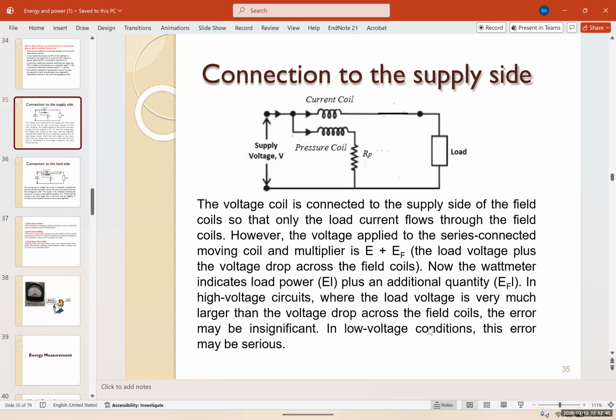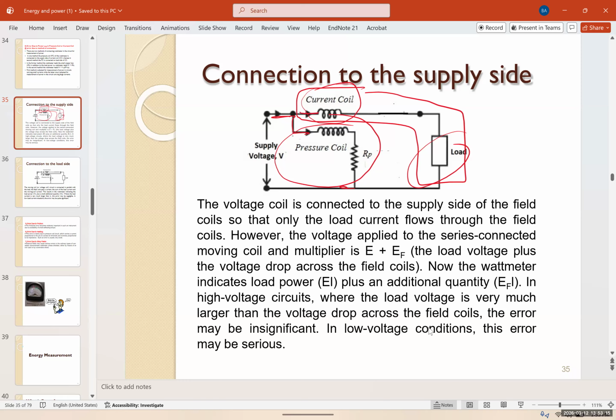So in this method, you can see that the current coil is connected to the load, and the voltmeter, this is technically the voltage of the supply, is measuring both the voltage loss in the current coil and the load. Now, the voltage coil is connected to the supply side, as you can see, directly of the field coils, so that only the load current flows through the field coils.